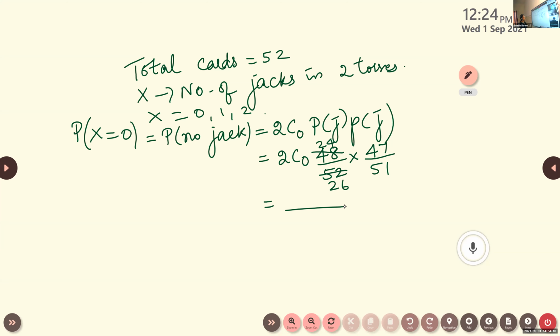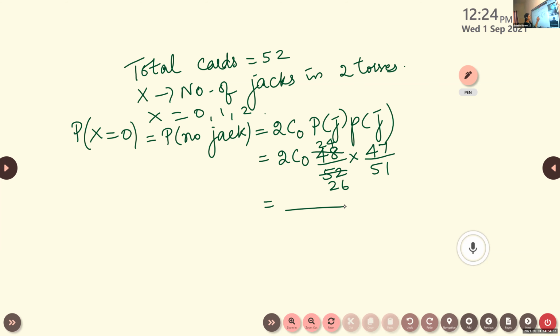Don't cancel everything. I try to keep the denominator the same so that you can add and check what the final total is. So it is 24 into 47 by 26 into 51.